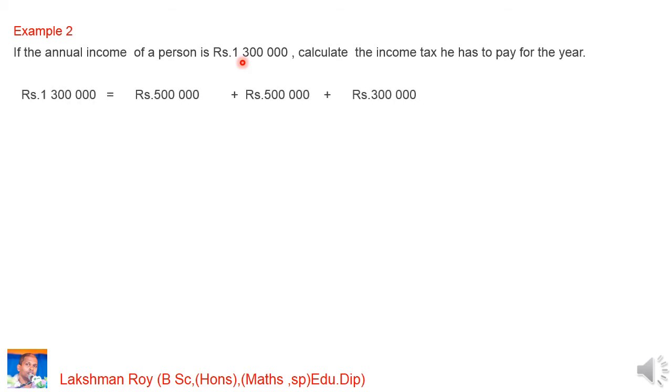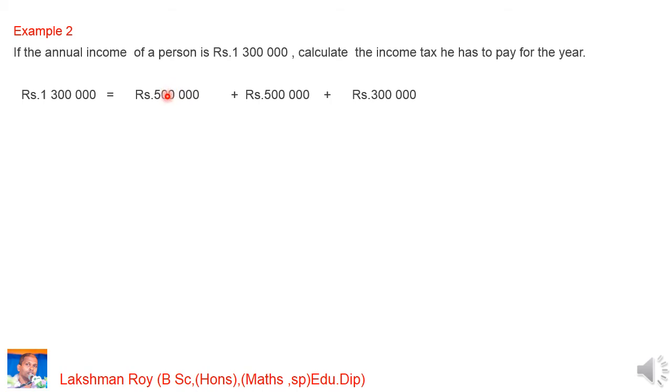So when you go to the solution, students, this is the annual income. You have to separate that into 500,000 rupees portions. First you subtract 500,000 rupees from 1,300,000 rupees, so some amount remains.